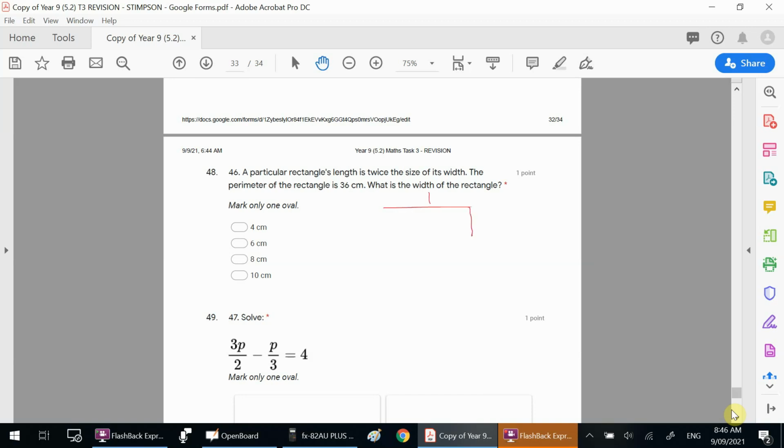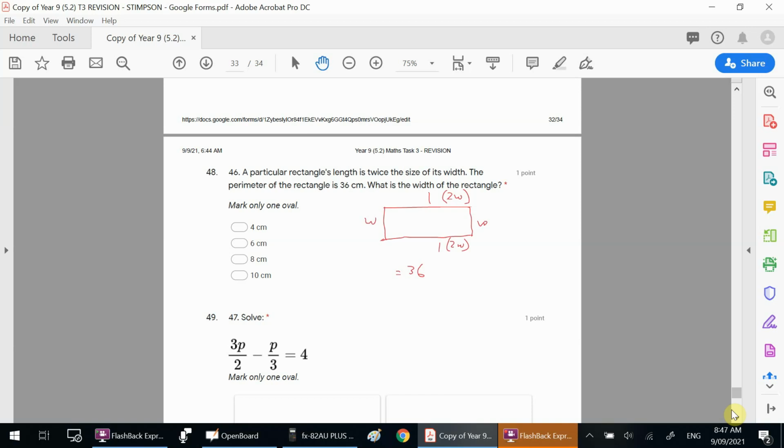Length, width, length, width, and that length is also 2 times the width. We want the perimeter, and the perimeter is 36. So we just use the fact that the length is twice the width.